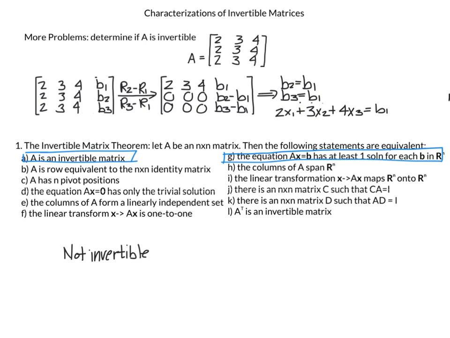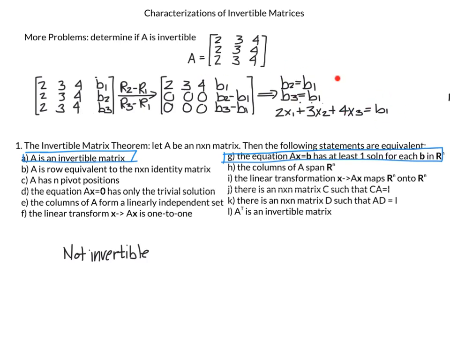I row reduced, and I get 2, 0, 0, 3, 0, 0, 4, 0, 0, with B1, B2 minus B1, B3 minus B1. So this equation tells me B3 is equal to B1. This equation tells me B2 is equal to B1. And this top equation tells me 2 times x1 plus 2 times x2 plus 4 times x3 is equal to B1.